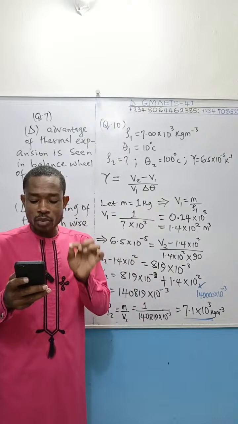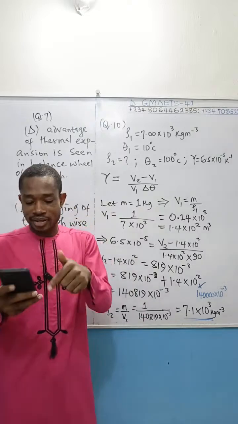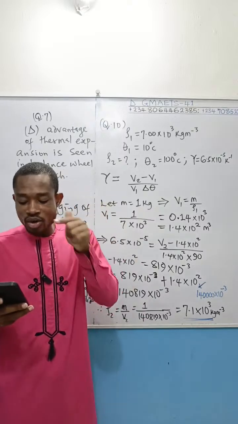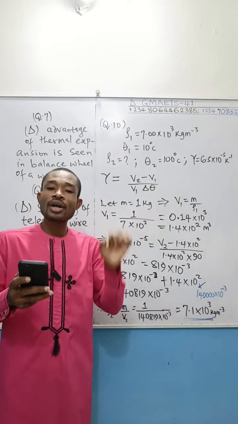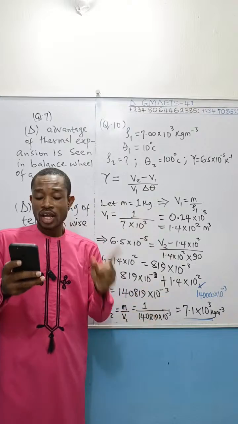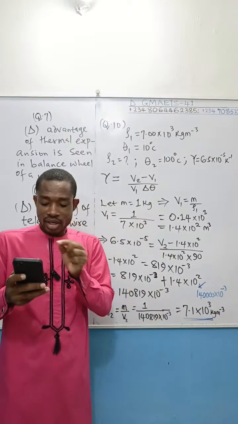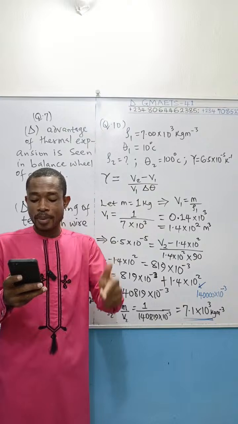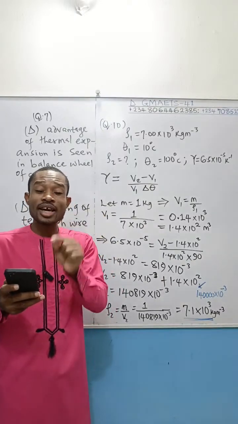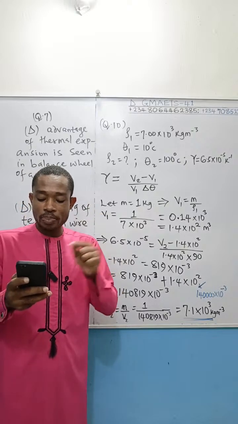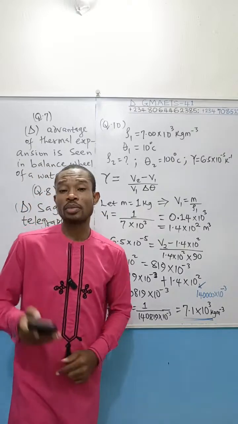Option C is 7.08 times 10 to the power of 3 kilogram per cubic meter. And then option D said 7.00 times 10 to the power of 3 kilogram per cubic meter.